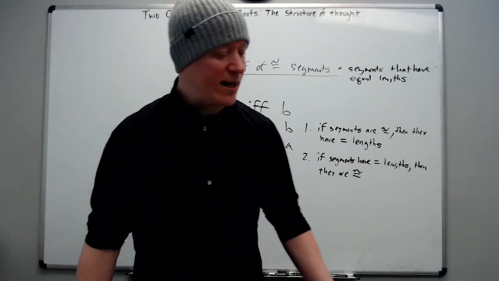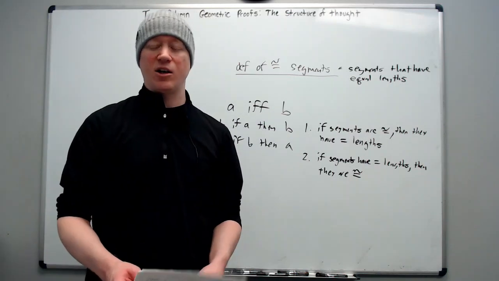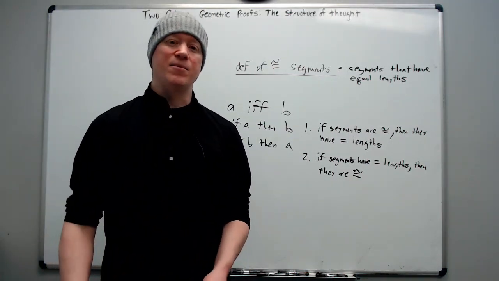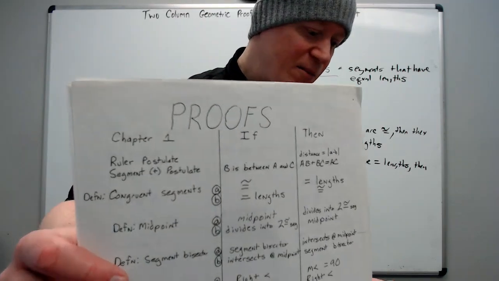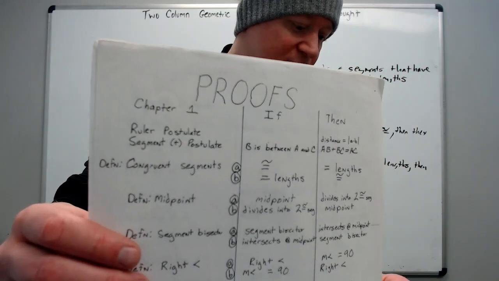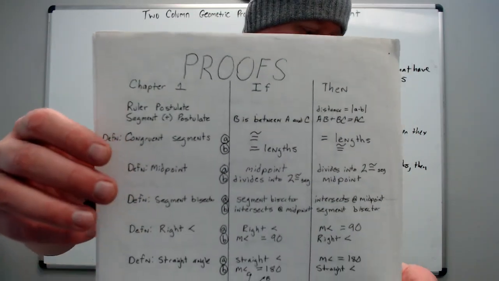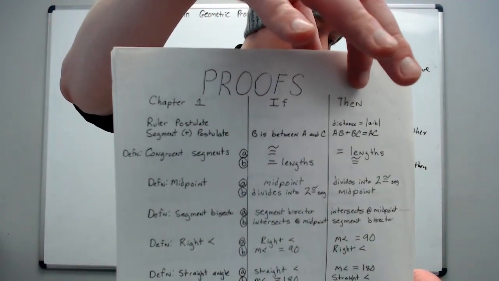The next thing I want to recommend that you do is something that I made a while ago, particularly for this textbook when I was tutoring it a lot. It's to make a list of all of the theorems and postulates that appear in the book. And so if you look carefully, I've broken it up into columns. There's an if column here and a then column here.